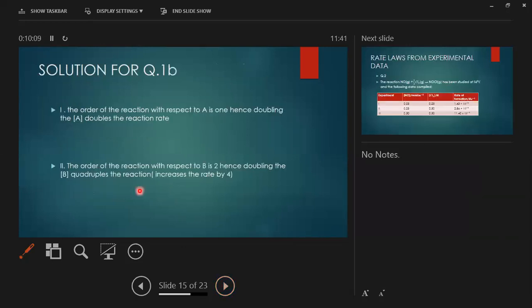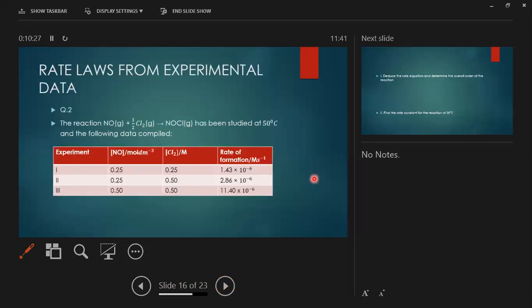As Amayebua said, the order of the reaction with respect to B is 2, hence doubling the concentration of B quadruples the reaction rate. That is, it multiplies the rate by 4. Very good. So let's move to the next part of our lesson, that is how to determine the rate law equations from experimental data.